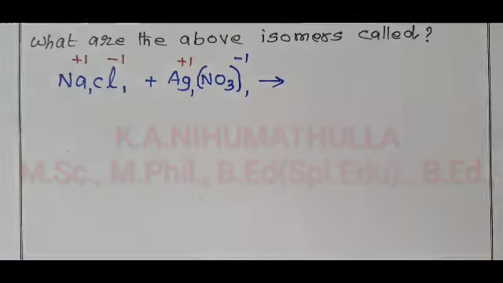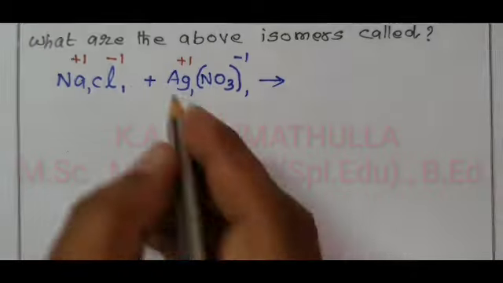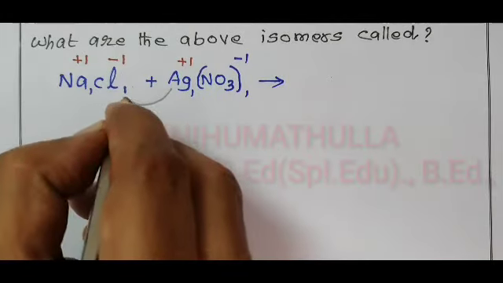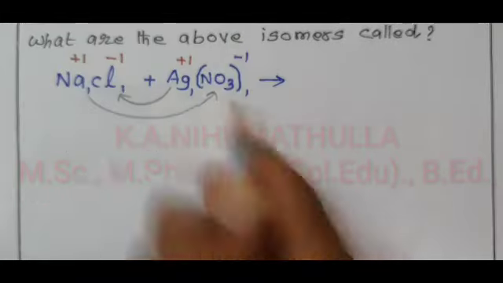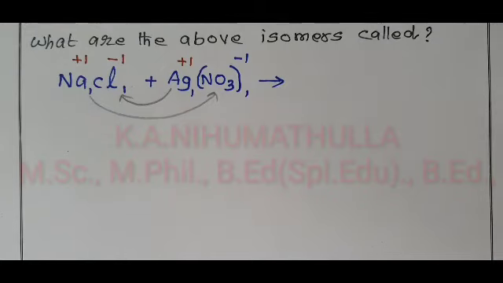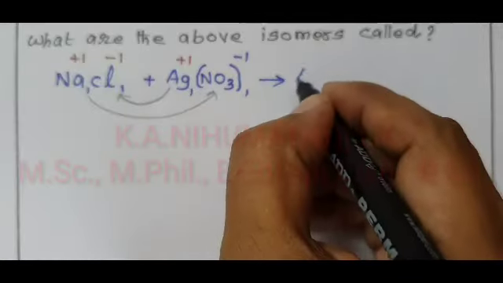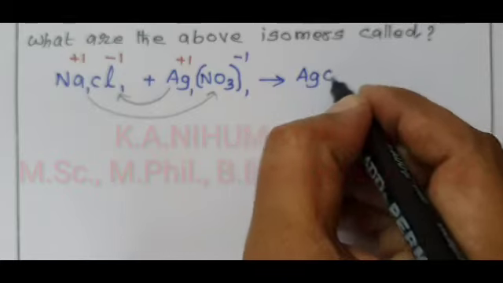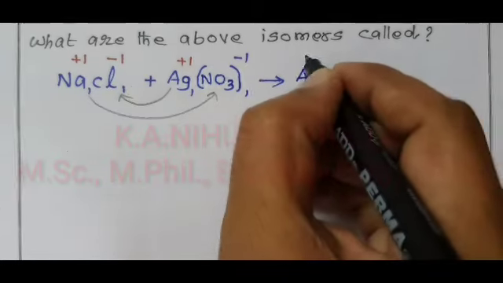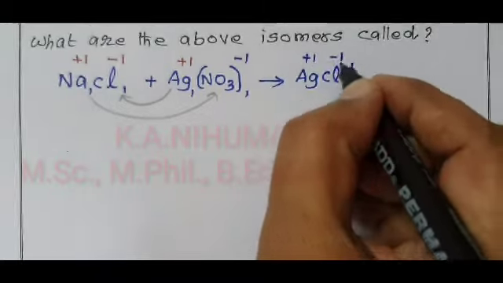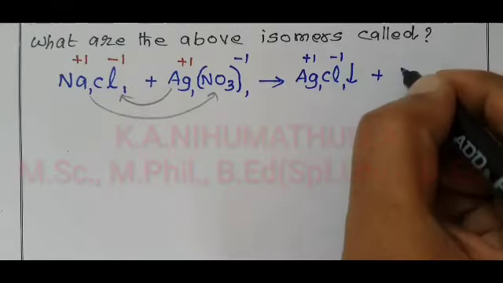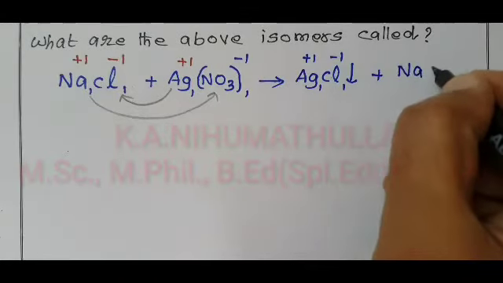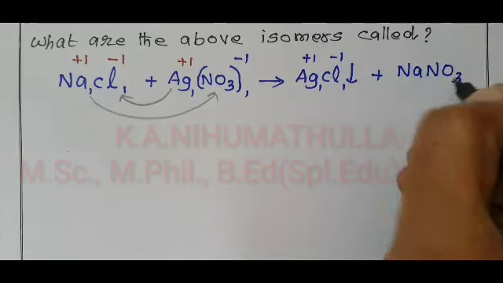When a chloride solution is treated with silver nitrate, Ag plus combines with Cl minus, and Na plus combines with NO3 minus; plus always combines with minus. A white precipitate of AgCl is formed. The byproduct obtained in this reaction is sodium nitrate, NaNO3.